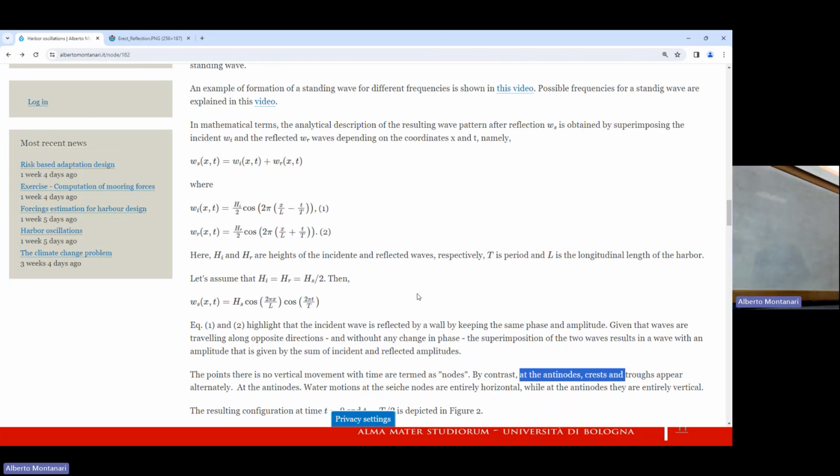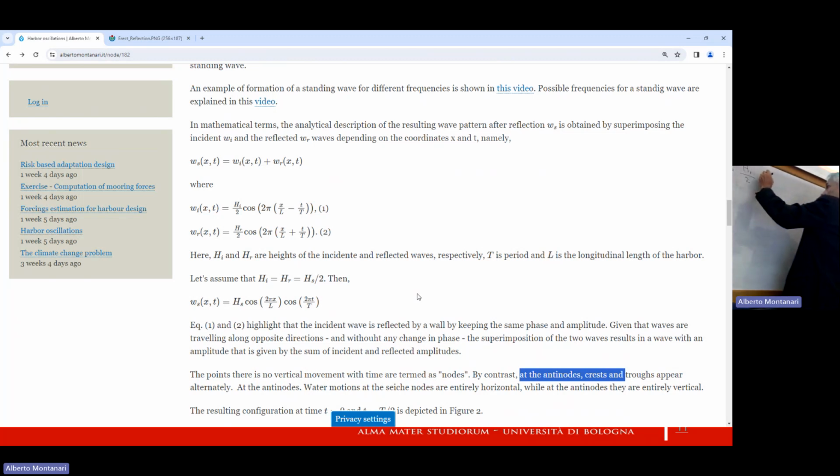So first of all, let me get the equation of the incident wave, okay? W_I is equal to H_I divided by 2. Again, this capital H is the wave height from crest to trough, so it is twice the amplitude. If you divide the wave height by 2, you get the amplitude.